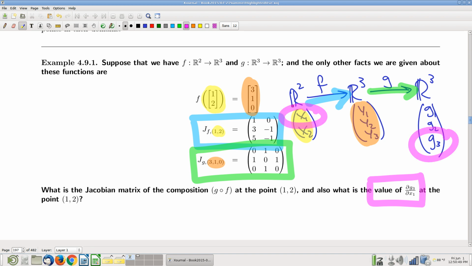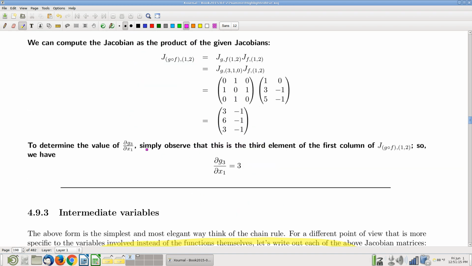So this says I want to know the partial with respect to the first input variable. And I want to know the partial of the third output variable. First input variable means we're looking at the first column, the left column of the product matrix. And the third output means we're looking at the third element in that left column. That's that number there.